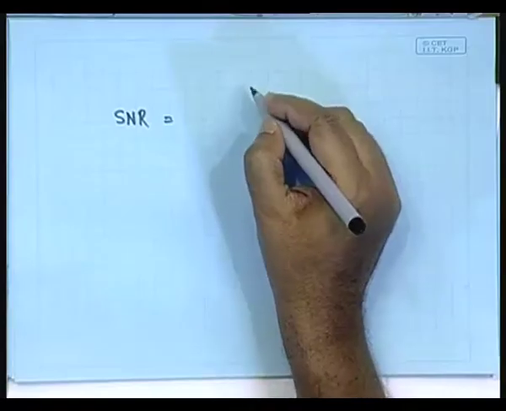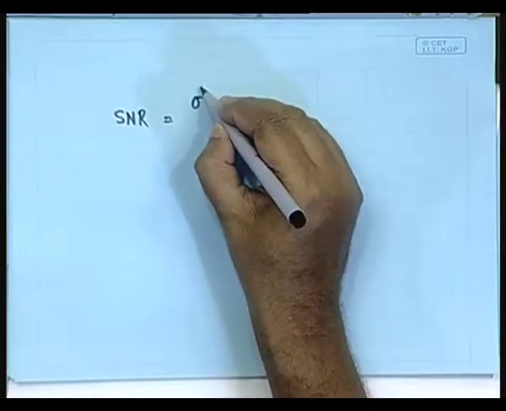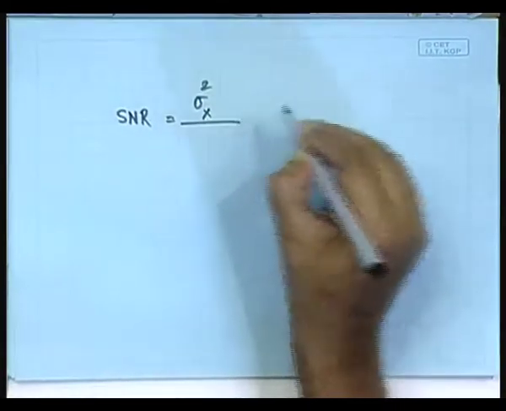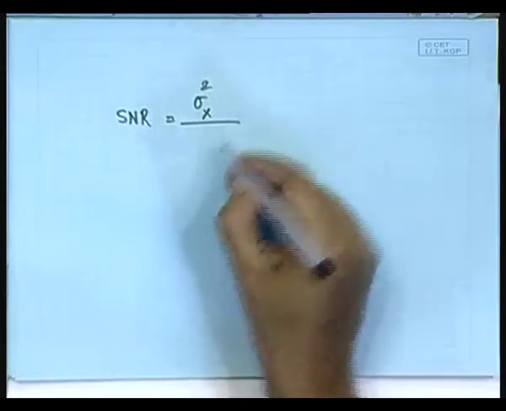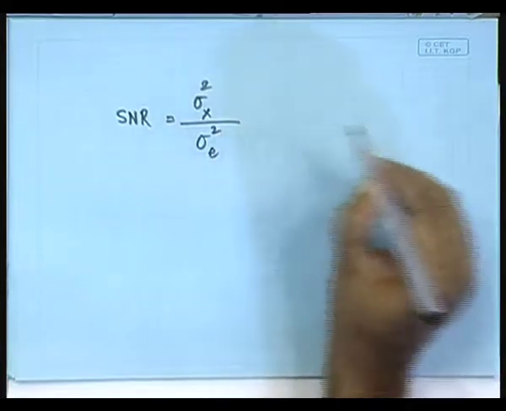Okay. Now, it has been well experimented for speech that these three assumptions hold quite reasonably for speech signals, and taking these assumptions into consideration, we can now write the signal to noise ratio of the speech signals like this. The SNR would be written as the signal variance, which we write as sigma square x, because x we are assuming to be the signal, and the variance of the error signal, which is written as sigma square e.